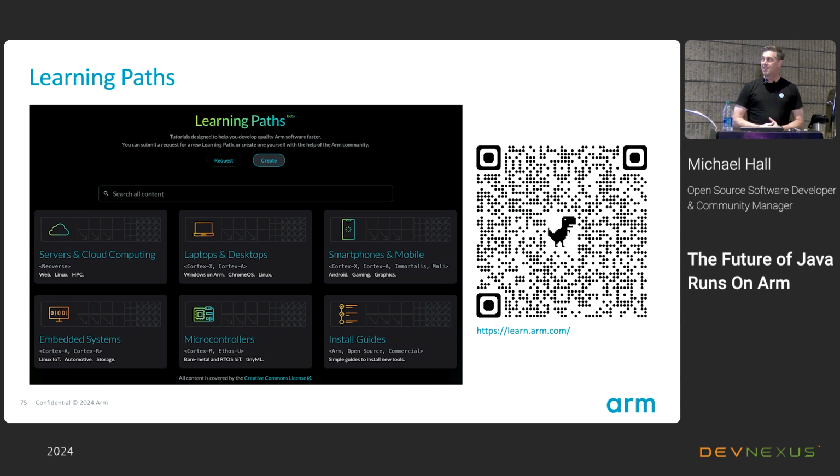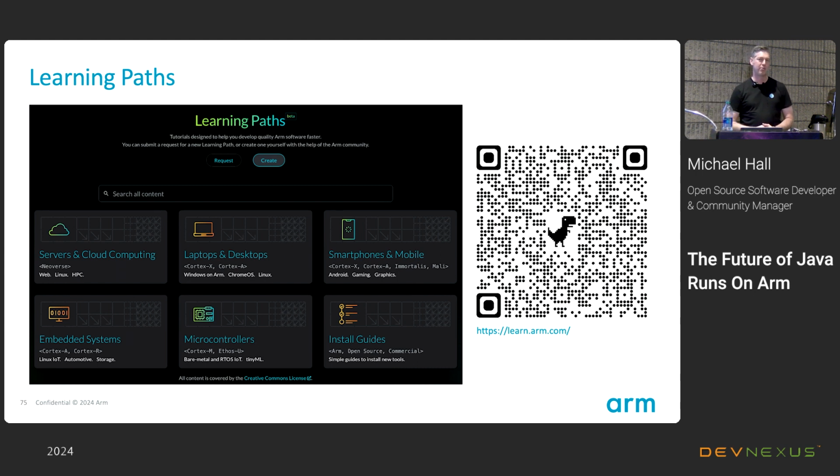We also launched last year what we call learning paths. These are step-by-step tutorials for specific use cases. So for installing a specific program or accomplishing a specific task, whether that's on a microcontroller, a laptop or desktop, or on a server. And these, just like our ecosystem dashboard, are all backed by a public GitHub. So anybody can contribute learning paths.